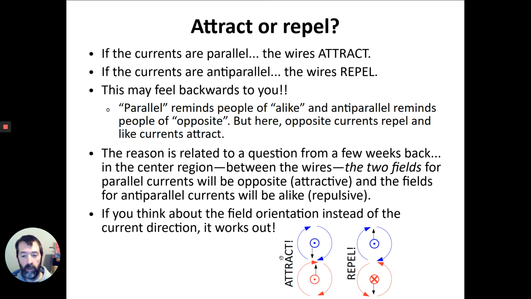And that is why those wires attract each other. Whereas if the currents have opposite directions, then in this space between the wires, the two fields go in the same direction, and that's why they repel. So if you want to stick with opposites attract, you need to think about the field direction instead of the current direction.